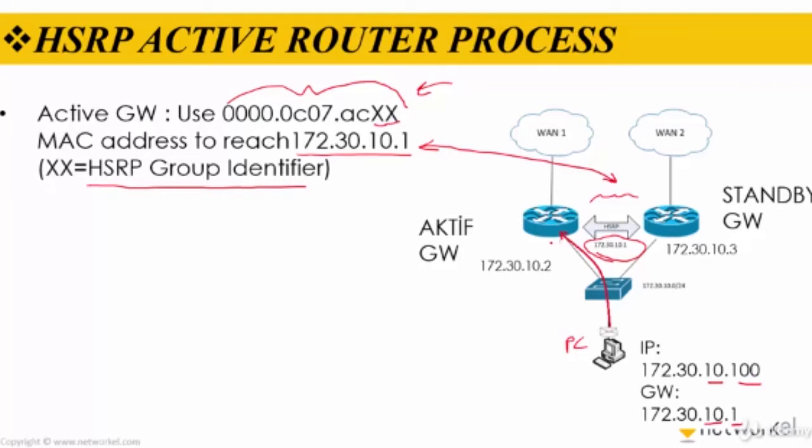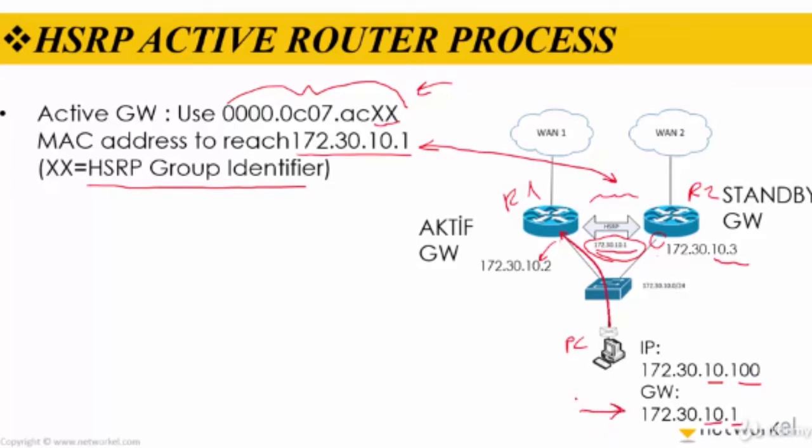So I'm going to attach an IP address to this interface of router 1, and I'm going to attach another IP address to this interface of router 2, and I'm going to attach a standby IP for both of them, and that's going to be 10.1, and I'm going to define the gateway as 10.1.